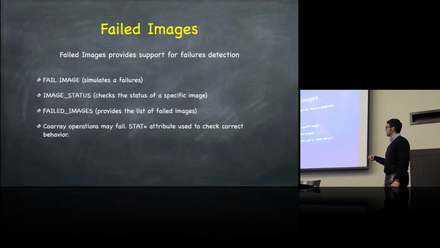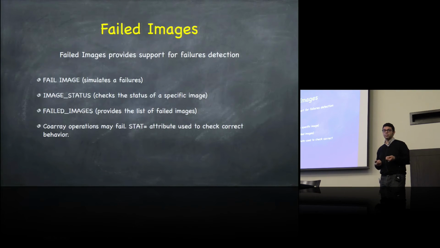Image status is a function that checks the status of a specific image. Basically, it takes as argument an image index and returns the status of that image. In Fortran 2015, an image can be in 3 possible states: running, stopped, or failed. Failed is where an image is not reachable anymore.